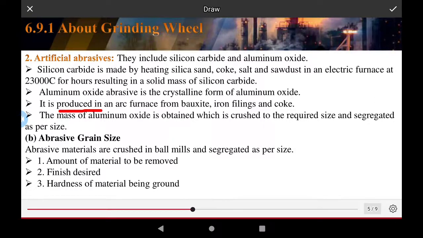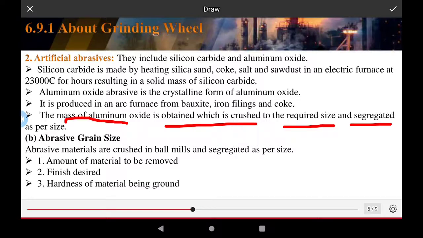It is produced in an arc furnace from bauxite, iron filings, and coke. The mass of aluminum oxide is obtained, which is crushed to the required size.